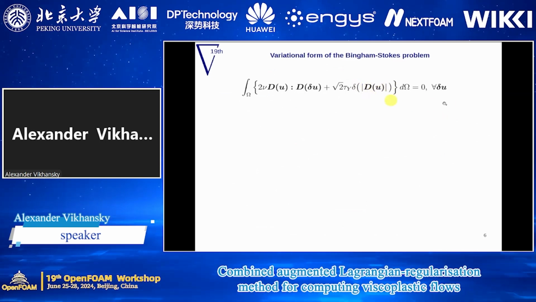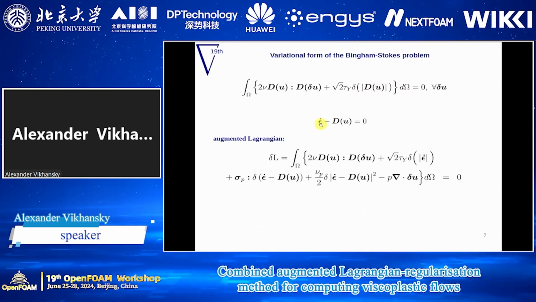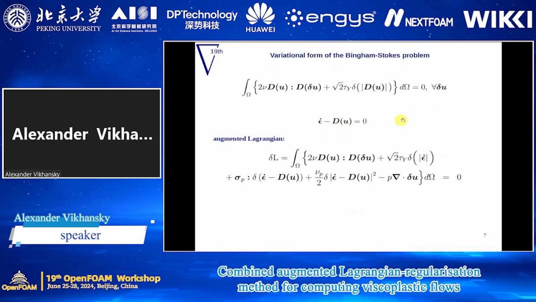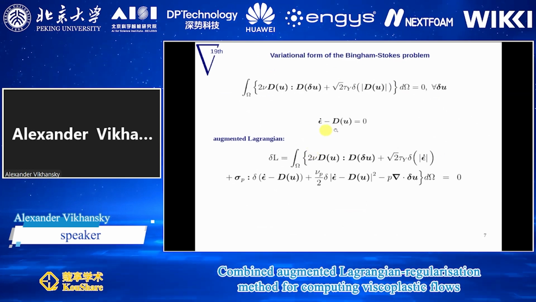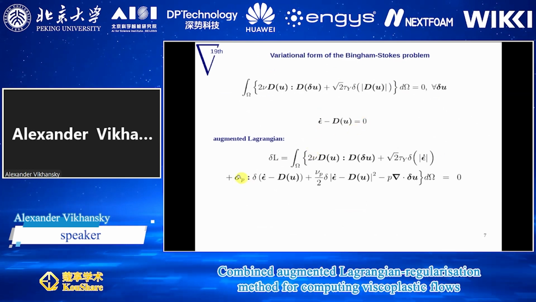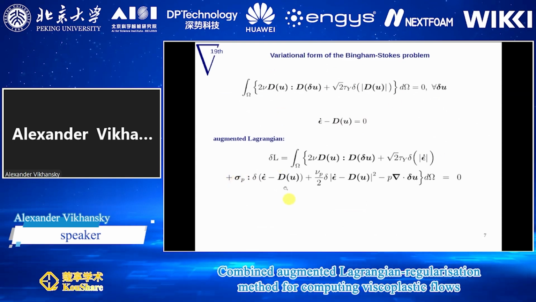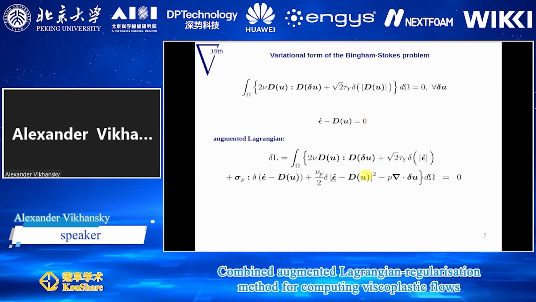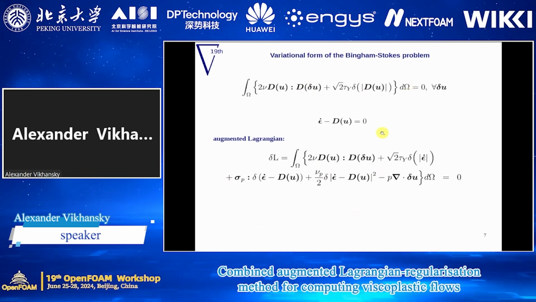So in order to avoid this difficulty, a dummy deformation rate was introduced, and you can consider it as a constraint. So it demands that the dummy is equal to the real deformation rate, and we can take this constraint, multiply it by Lagrangian multiplier sigma, and add to the variational principle. Then we take this constraint to power 2, multiply by some penalty parameter, and add to the variational principle.